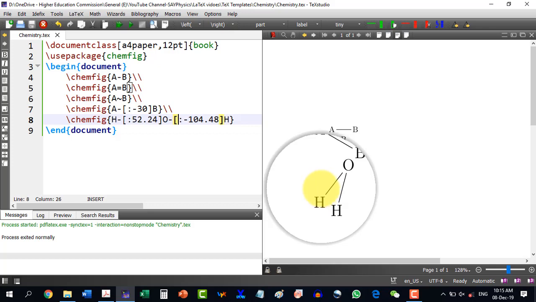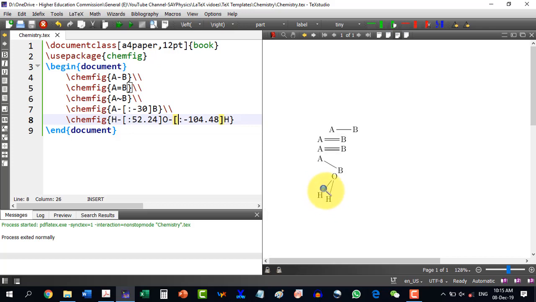So the first angle, it is to be noted that the double colon means the first angle we are counting from the horizontal line here, and then the next angle is from O, not from H. So due to that reason, we will have to mark here double colon, and then it will be right.